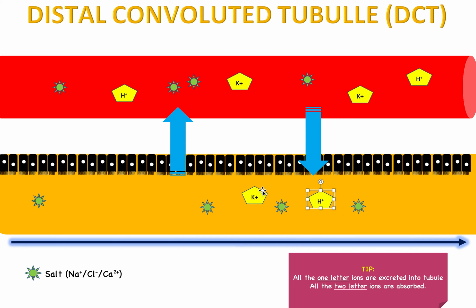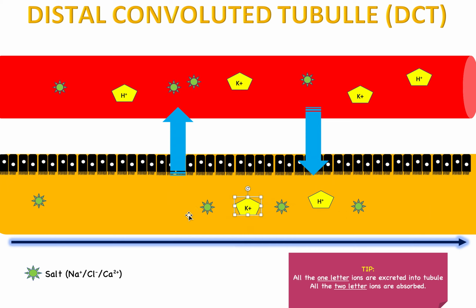At the same time, potassium also needs to be pumped out, because if potassium builds up in our bloodstream, we could have severe problems with our neurons. Potassium is related to our neurotransmitters and helps our neurons transmit signals, and if there's too much of it, we could have a problem and die.